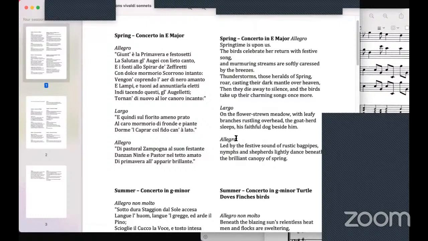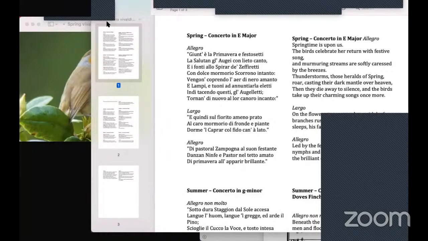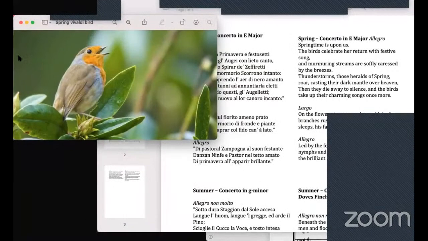Now one question. Did you hear a dog in the spring? Find for me what movement, if it's the first, the second, or the third. Let's see who can answer that. Find a dog in the spring of the four seasons. You want me to put it again?